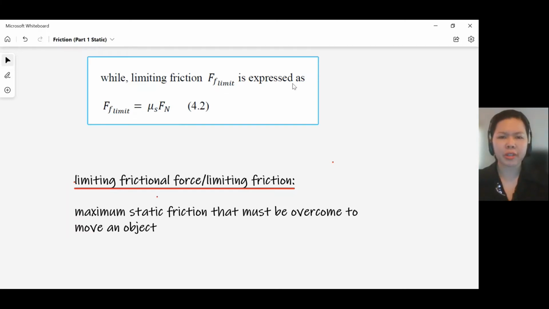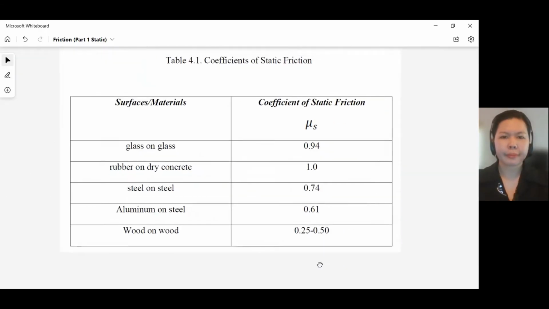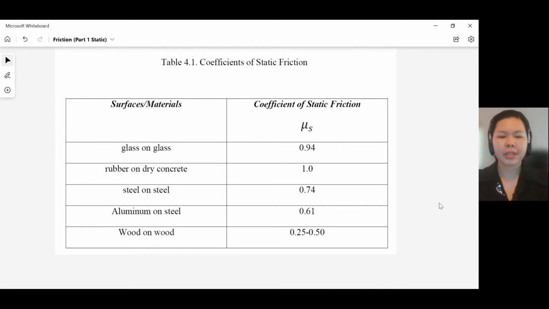And it is expressed as F sub limit is equal to mu S times Fn. We have already discussed normal force in the previous lesson.